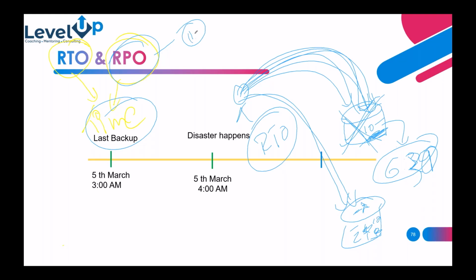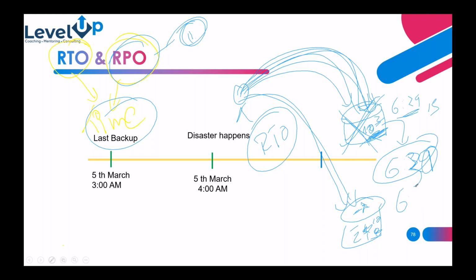RPO 1 minute means whenever the database crashes, whatever data was available 1 minute before will be there. Now let's say at 6:29 and 15 seconds, there's a data called 3. And at 6:29, there's a data called 10.